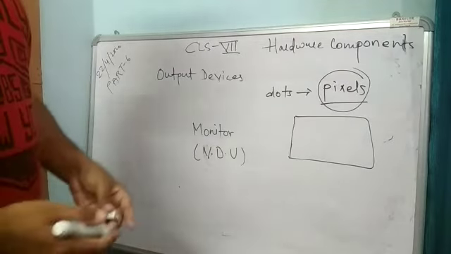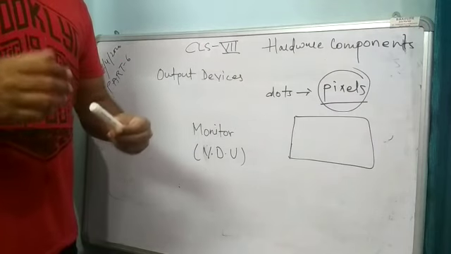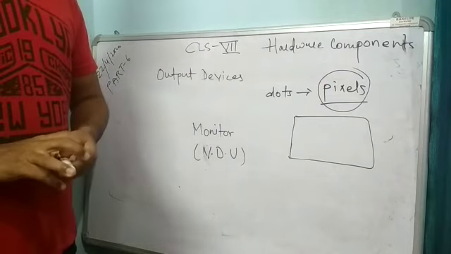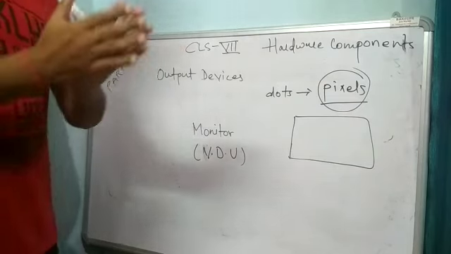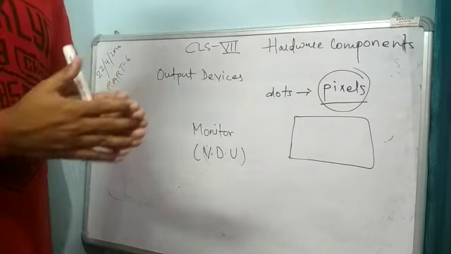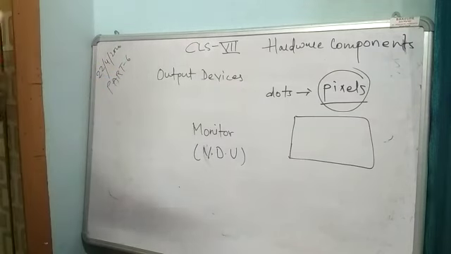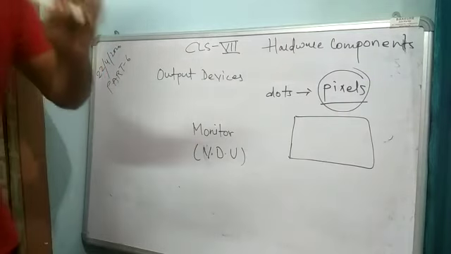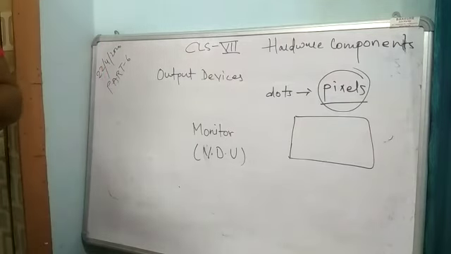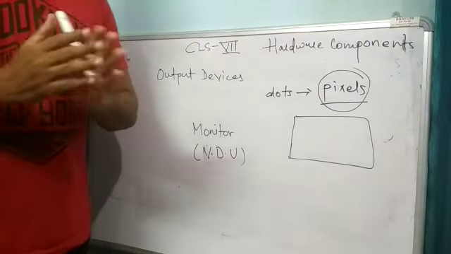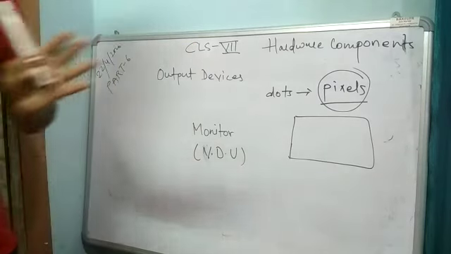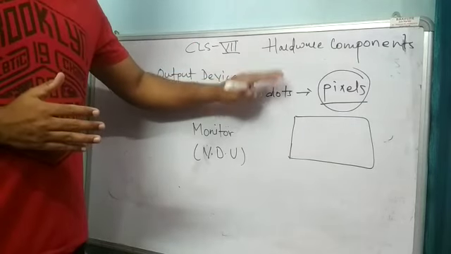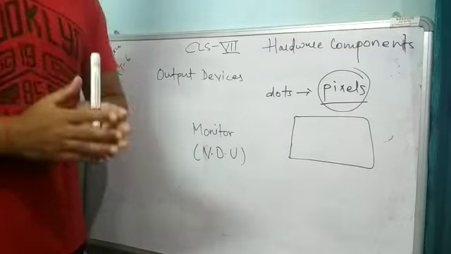When you say my camera is 10 megapixels or 30 megapixels, this is actually about the quality of the picture. Sometimes if you click a picture from a 32 megapixel camera and open it on a lower version monitor, the picture will be scattered. The quality of that picture is not supported by lower version monitors.